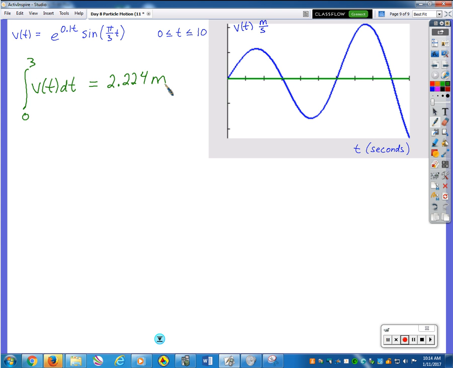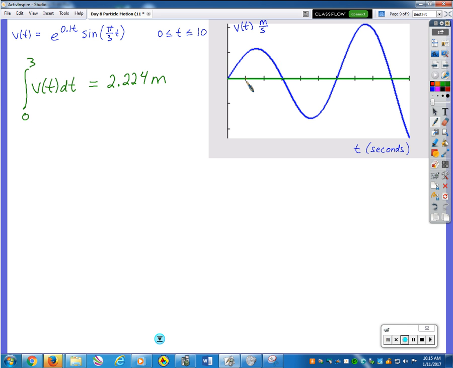Next connection here. We've talked a lot about how when the calculator integrates, all it's doing is taking the value of the velocity multiplied by some small change in time. As the calculator performs this integral, it's moving across the velocity plot, getting values of velocity multiplied by small changes in time.